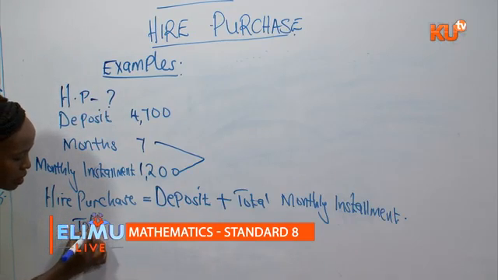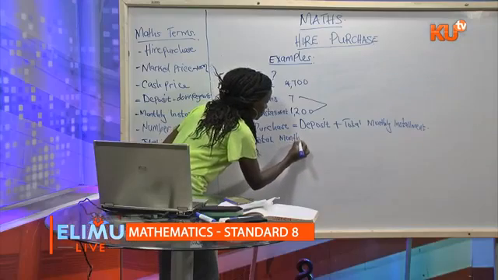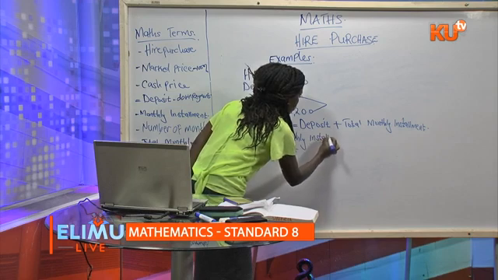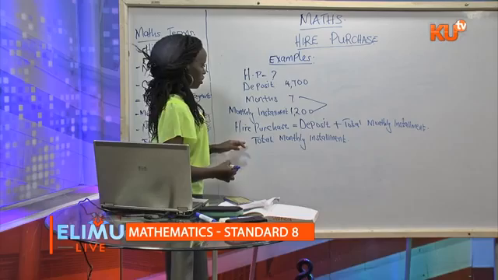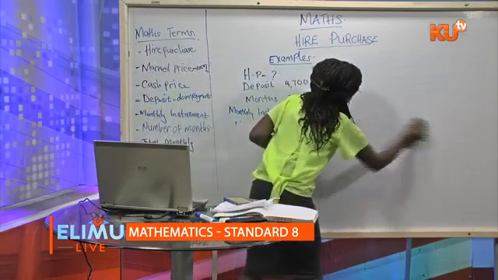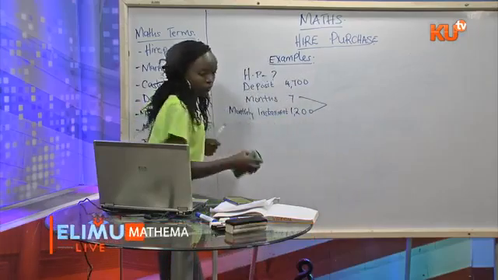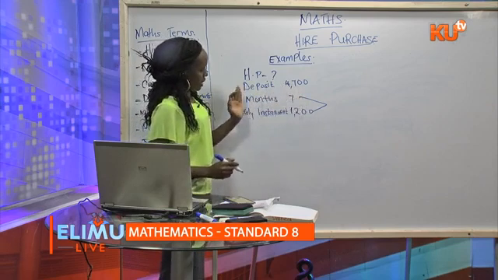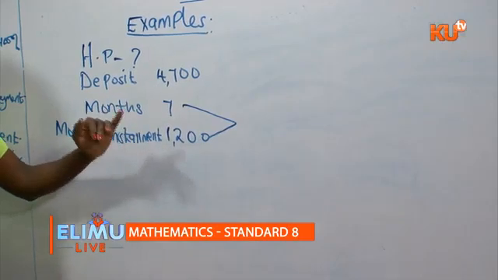So let's go backward a bit. Sorry for that. We are told that this person paid a deposit of 4,700 over a duration of 7 months, and each installment was 1,200.